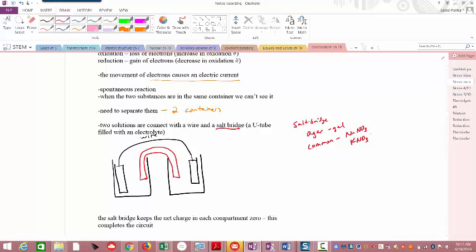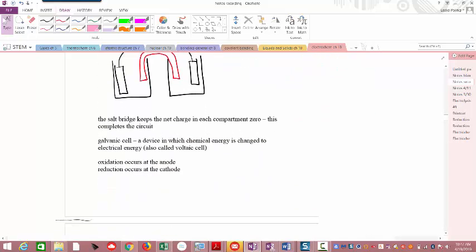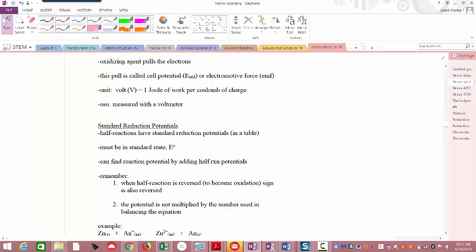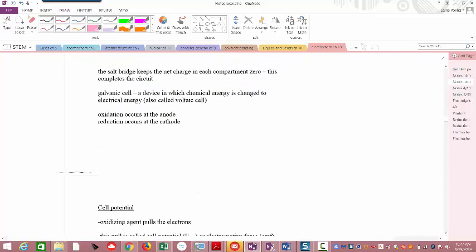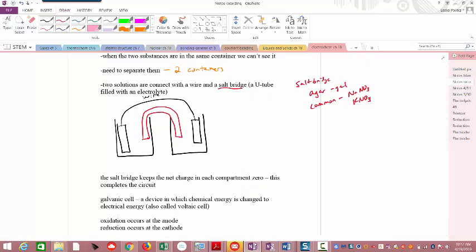Now let's use this reaction down here with zinc and silver. We'll let this be zinc and this be silver.